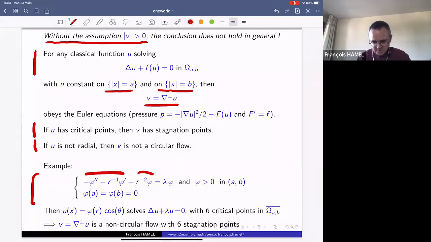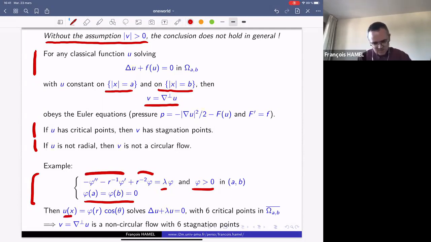This operator has a principal eigenfunction and principal eigenvalue. Let me denote lambda the principal eigenvalue and phi the principal eigenfunction with Dirichlet boundary condition. The principal eigenfunction is characterized by the fact that it has a constant sign in the open interval AB.